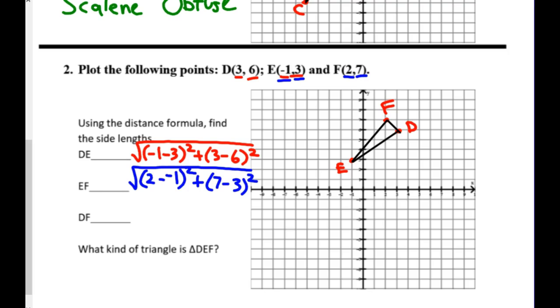And then, third one, long square root, for DF, so x2 minus x1 is 2 minus 3 squared plus y2 minus y1 is 7 minus 6 squared.